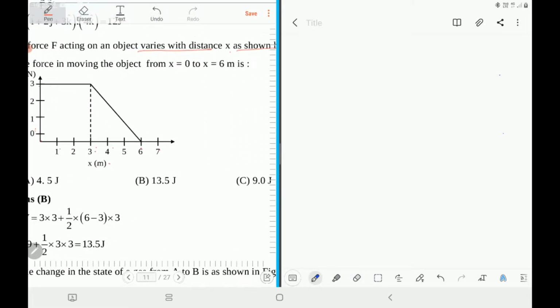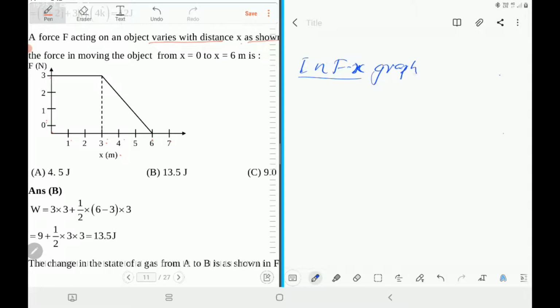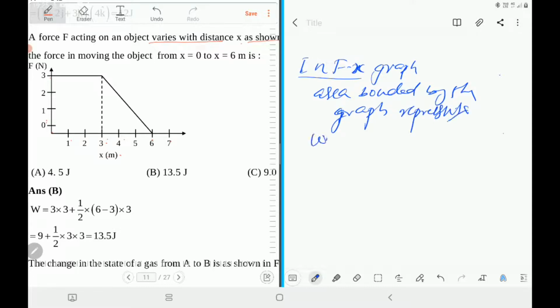Here is an example of force versus displacement. You have understood in the Fx graph, F force, X displacement. You can write S also. In the Fx graph, the area bounded by the graph is what you have to remember. It represents work.